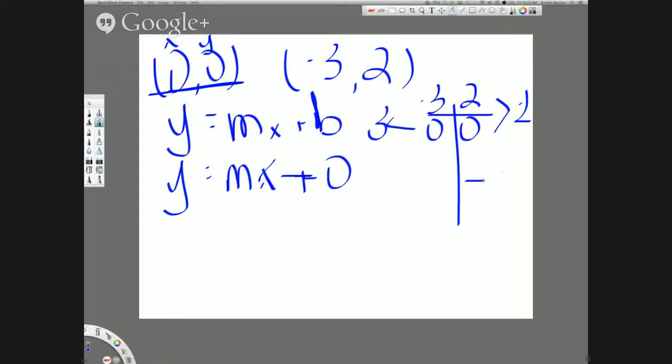So I went down 2 over 3. So that's my slope. Y equals -2/3 x. Then we don't really need the plus 0, because plus 0 is the same thing as just negative 2/3 x. That looks really messy, doesn't it? Well, hopefully you can read that.